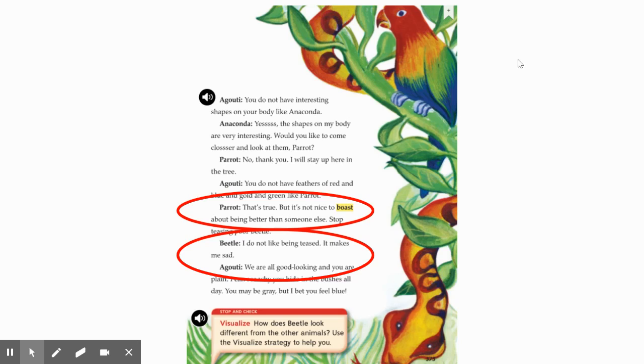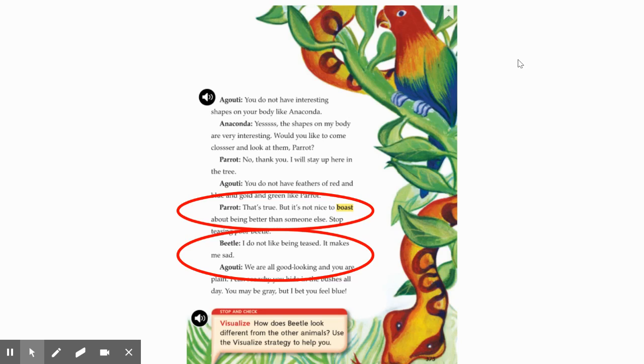So from the actions of the characters on this page, we are seeing that both Parrot and Beetle are standing up to Agouti and telling them that it is not okay to tease someone. Okay?